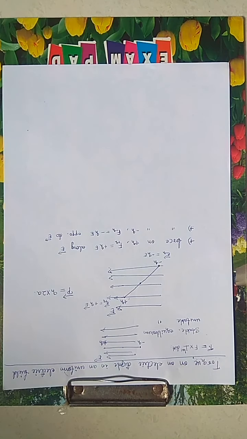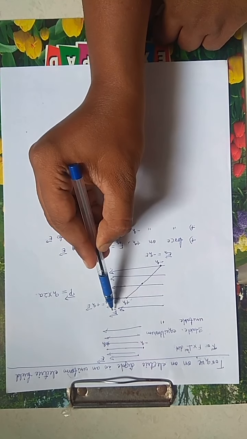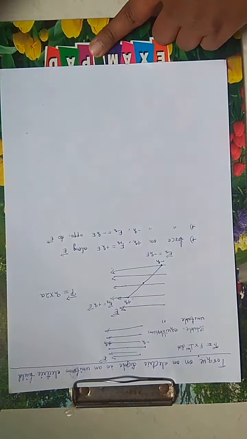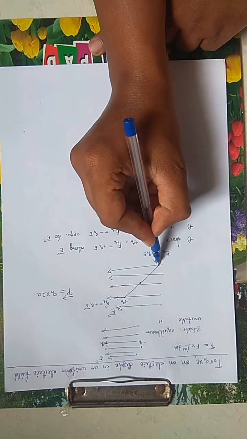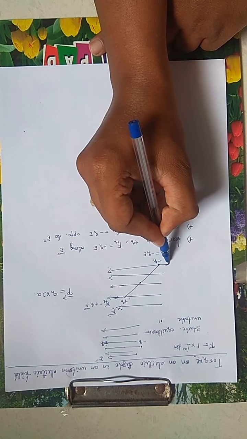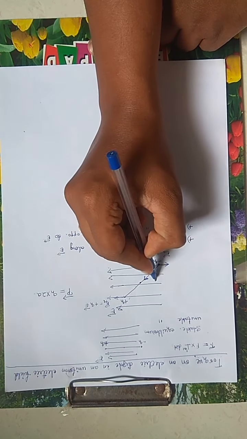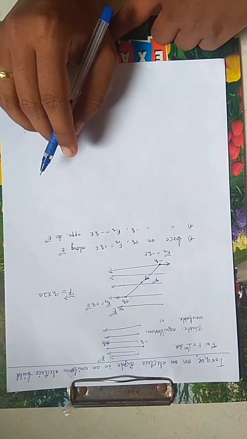Before starting the derivation, I have cleared the point: the direction of the electric field is in this direction, so along it the plus q charge will move, but the minus q charge will move in the opposite direction. The dipole moment direction is from minus q to plus q.